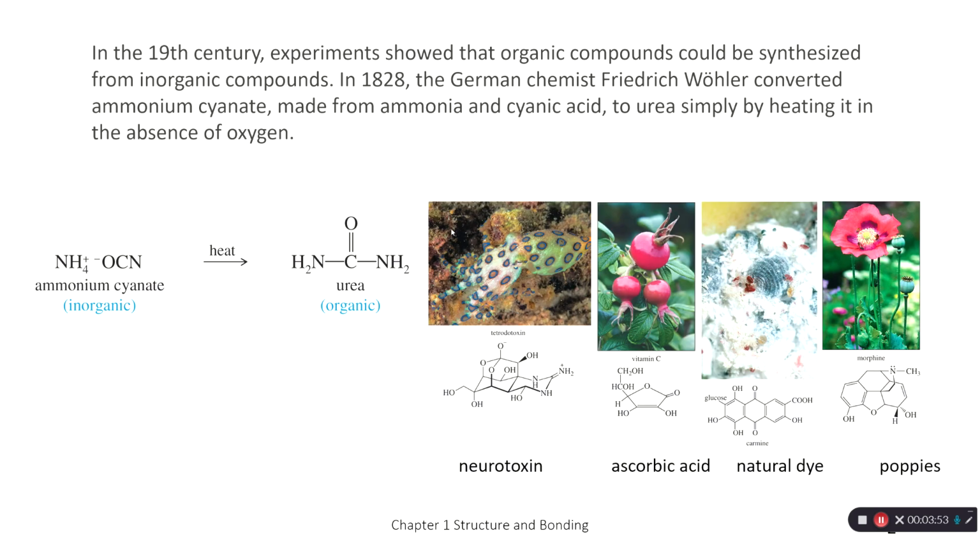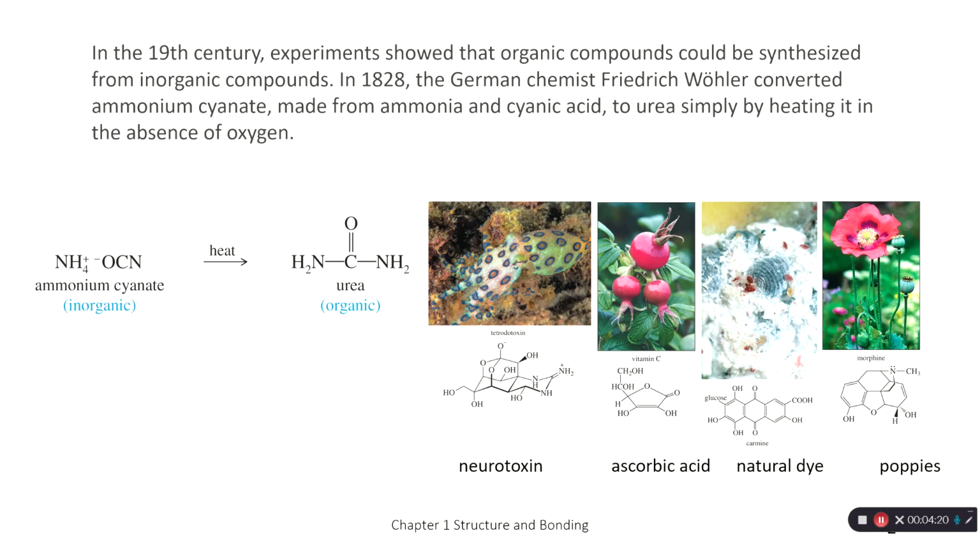Here's some other examples that are from your textbook of organic compounds, and you can see that a lot of these molecules have oxygen in addition to carbon and some nitrogen in here. Here's a neurotoxin that's derived from the pufferfish. Here's ascorbic acid that could be obtained from a cranberry or some other type of fruit, vitamin C, right?